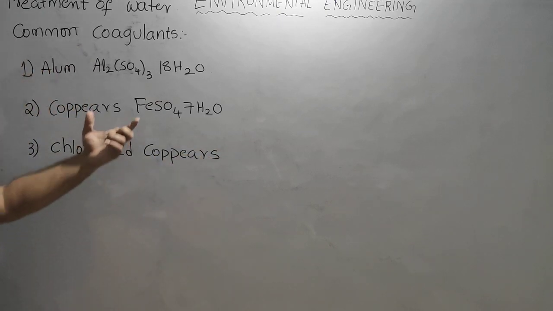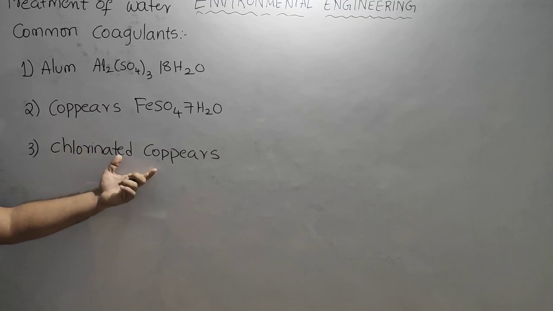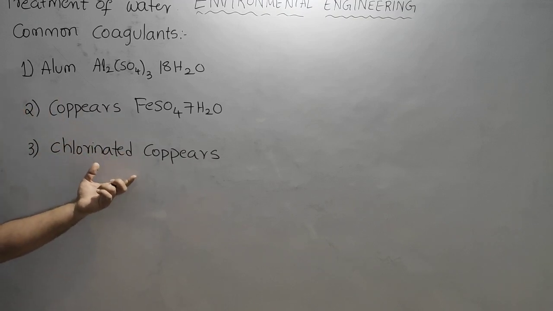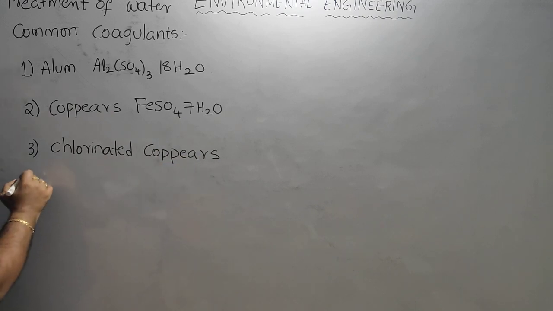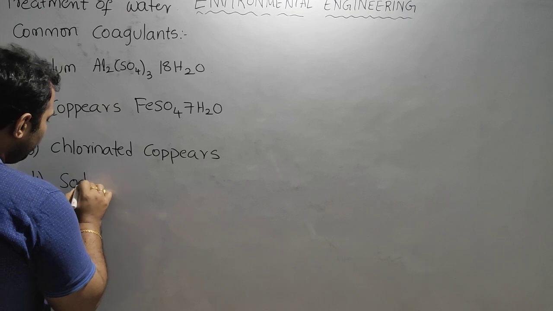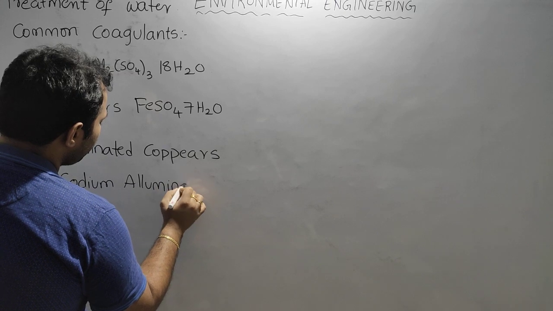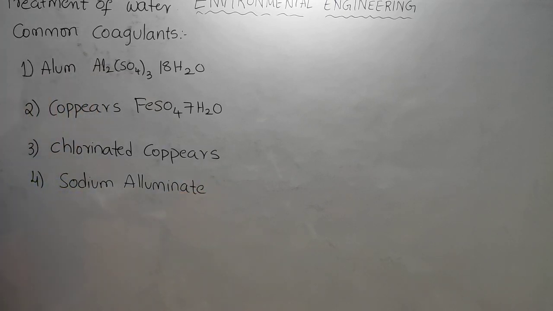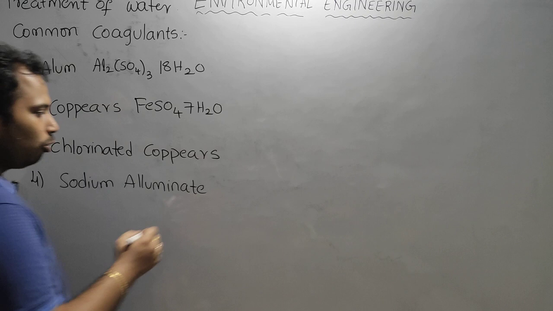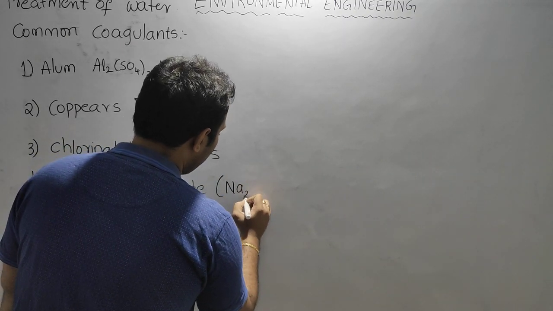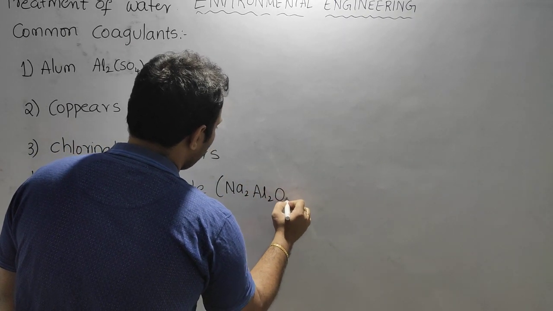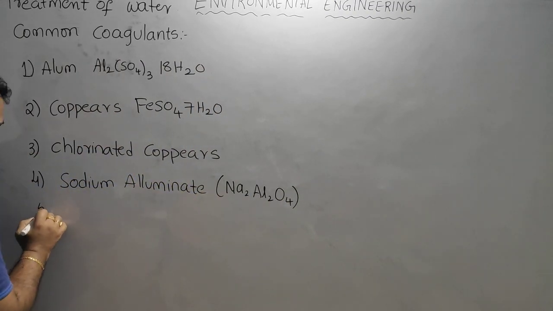FeSO4 is here, it is the same copperas but we add chlorine. We will see the reactions later, because it is not simply one formula, it has multiple reactions that we will learn afterwards during the explanation of chlorinated copperas. Next is sodium aluminate, Na2Al2O4, and lime.